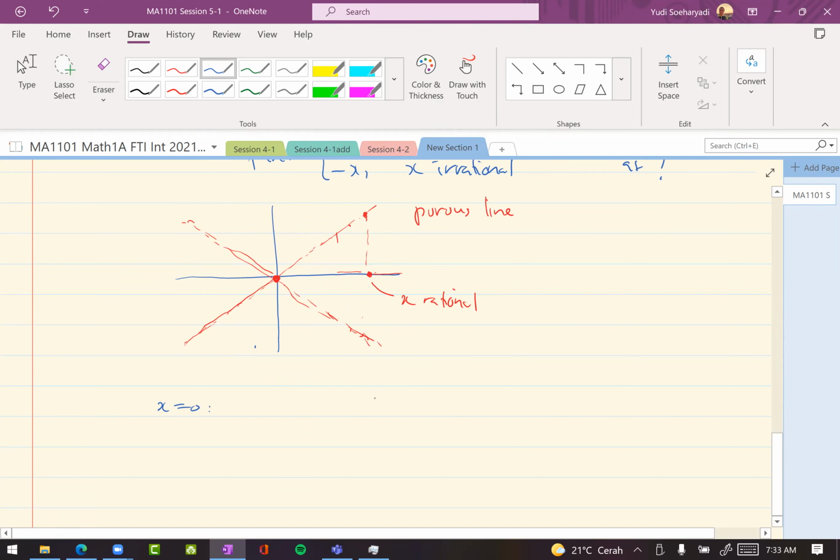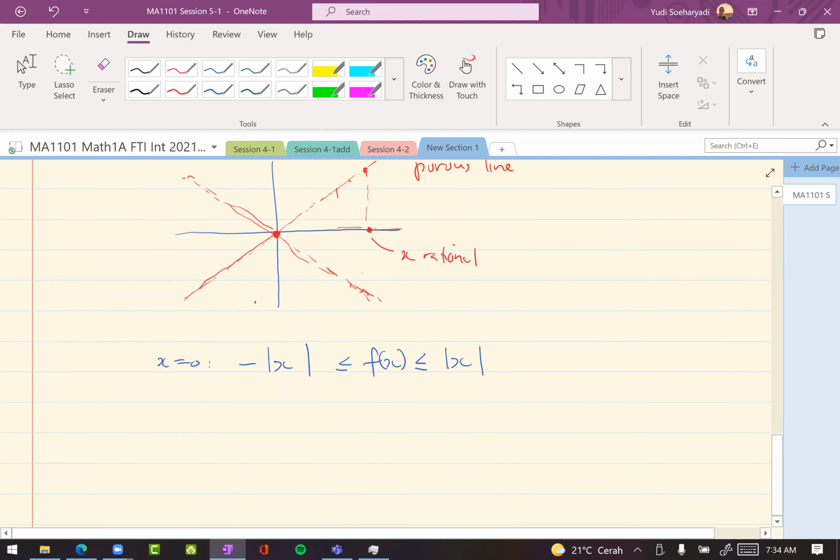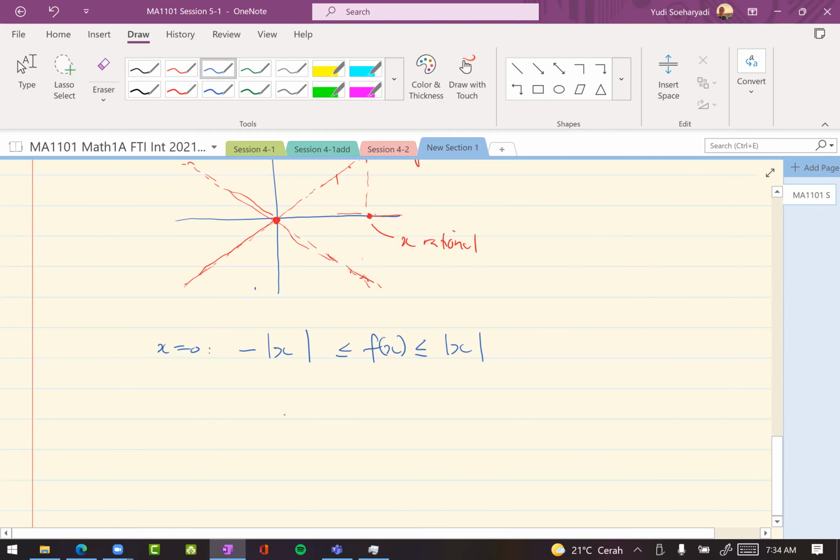So the value of f is surely between the absolute value of x and negative absolute value of x, because the value is just x or minus x. So this should be bounded above and below by the absolute value of x. That happens for x a real number.